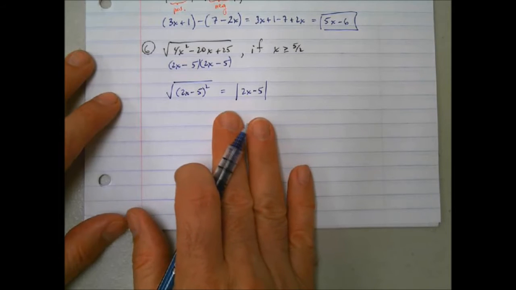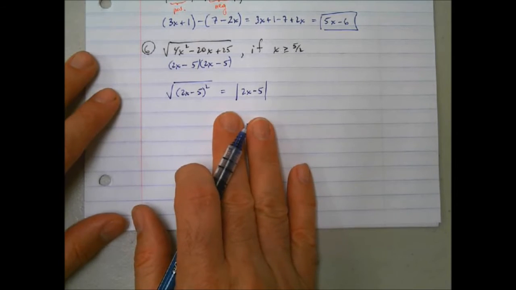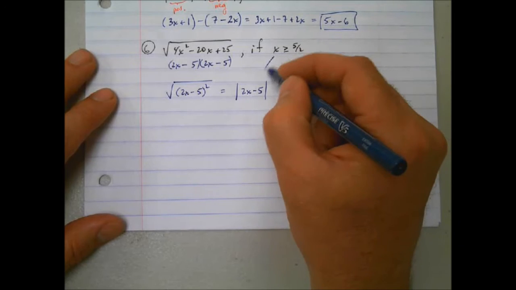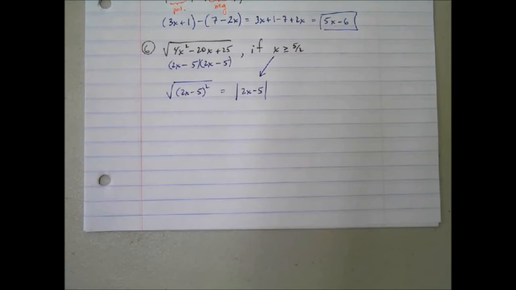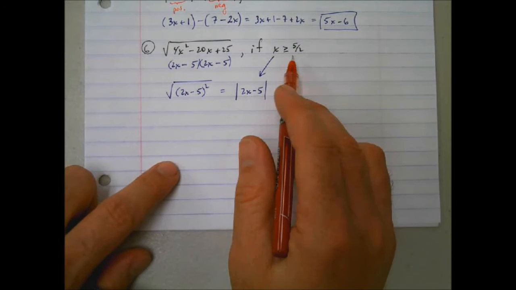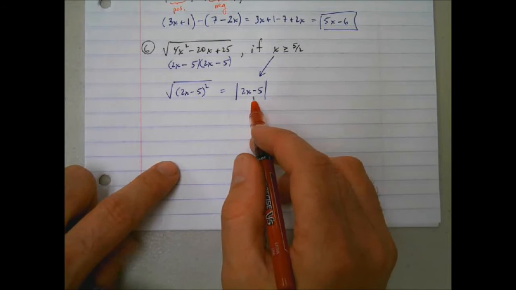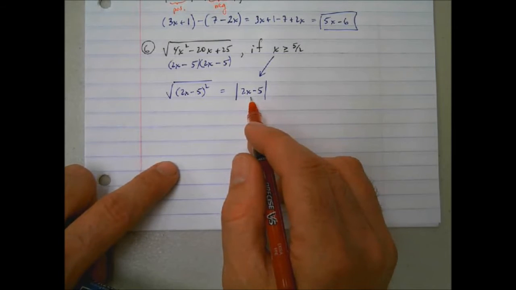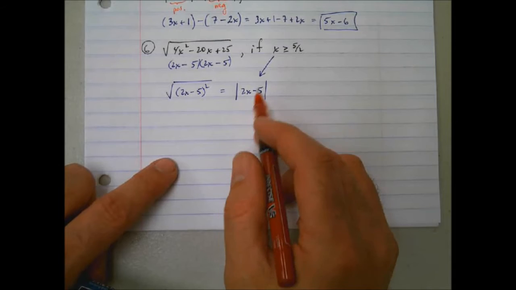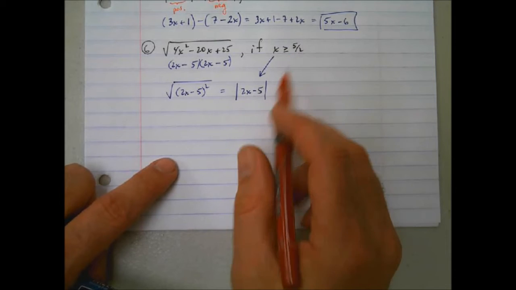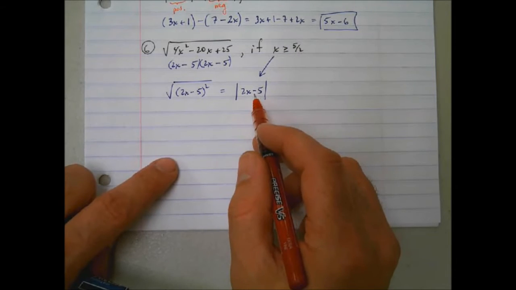Here's the absolute value. Now, if x is greater than or equal to 5/2, well, if it's 5/2, that would be 0. Absolute value of 0 is obviously 0. If it's greater than 5/2, so let's say it's 3, then the inside is positive.